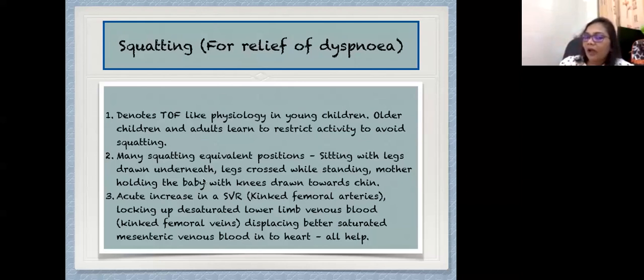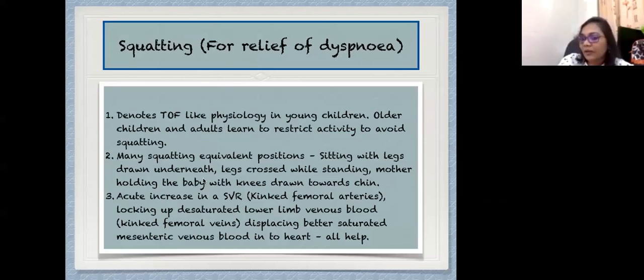How does squatting relieve dyspnea in tetralogy-like physiology? There are 4 or 5 mechanisms. The most important are that when you sit in a squatting position, your femoral arteries get kinked, and that helps in increasing the SVR, the systemic vascular resistance. So the right to left shunt decreases.